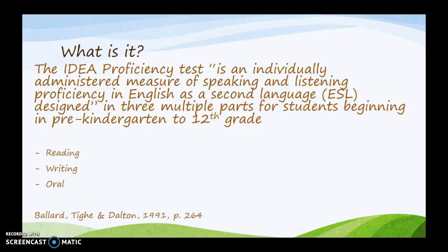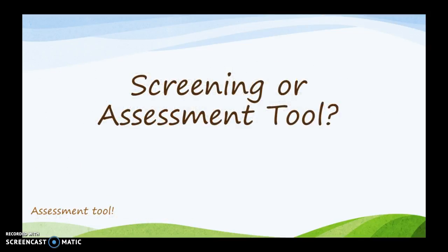IDEA measures the reading, writing, and oral skills of these children. IDEA is not a screening tool, it is an assessment tool. It's used to assess children who are ESL in English writing, oral language, and reading.